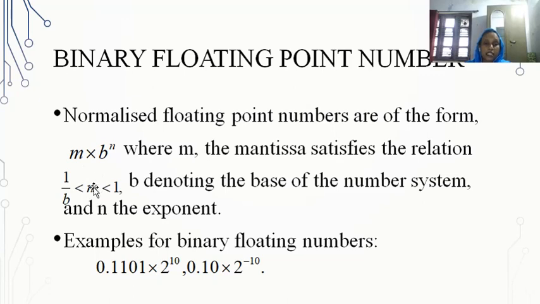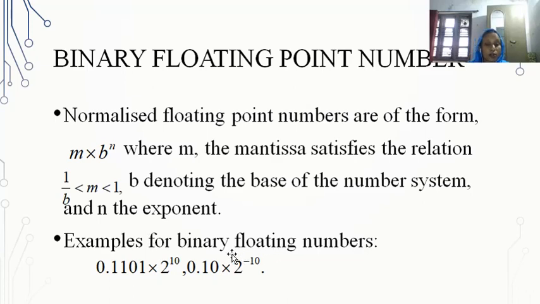So this mantissa should lie between 1 by b and 1, and n is called the exponent. Okay, hope that all of you get how to represent a binary floating point number.